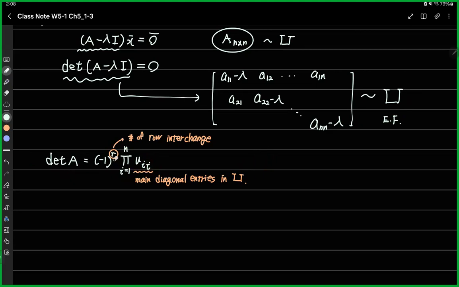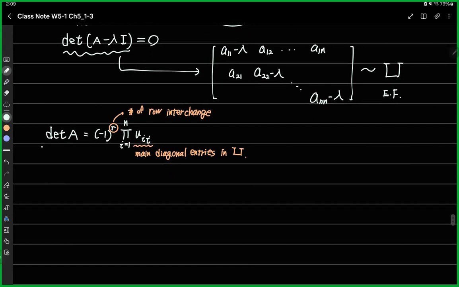Here r means the number of row interchanges, and U sub i is the main diagonal entry of the echelon form. We assume A is n by n and row equivalent to the upper triangular echelon form.